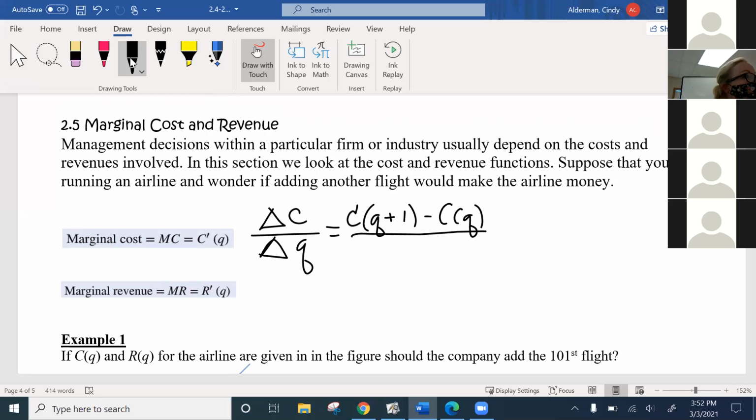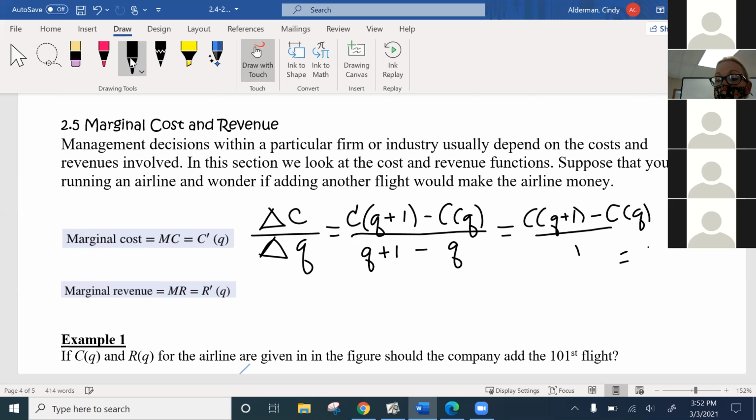Y2 minus Y1 over X2 minus X1, right? So then this would be whatever Q is plus 1 minus Q. So what you get there, of course, Q minus Q, that goes away. So you end up just with C(Q+1) minus C(Q) over 1, right? Which of course is just equal to C'(Q).